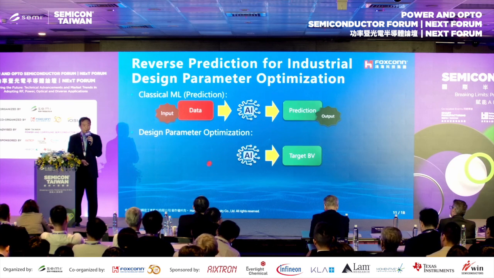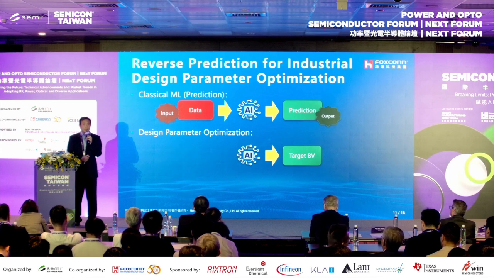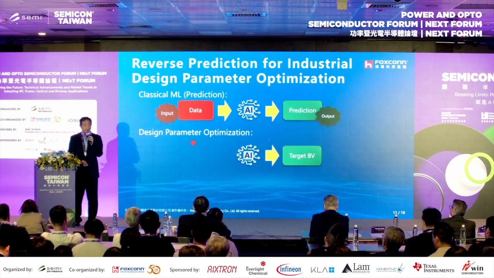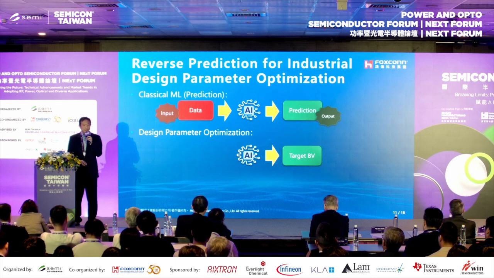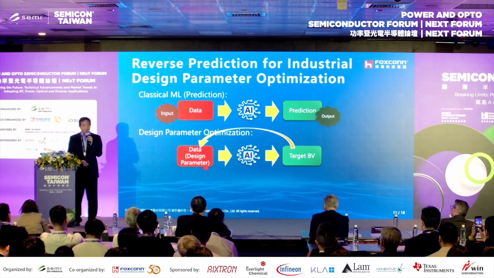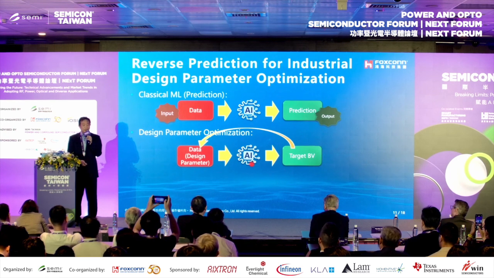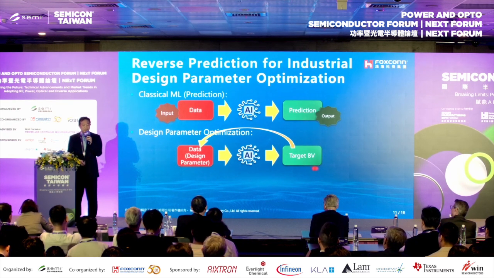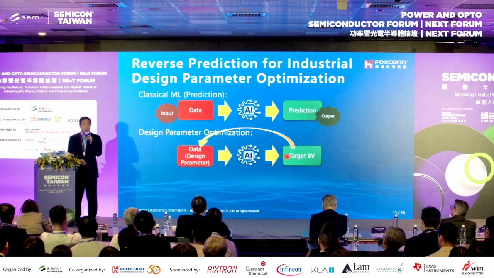But we don't know what input data we should use. So in this problem, we have the AI model, and we have the target breakdown voltage. And by using these two, we want to predict what is the good design parameter that, when we feed it into the model, we can get the correct target breakdown voltage.